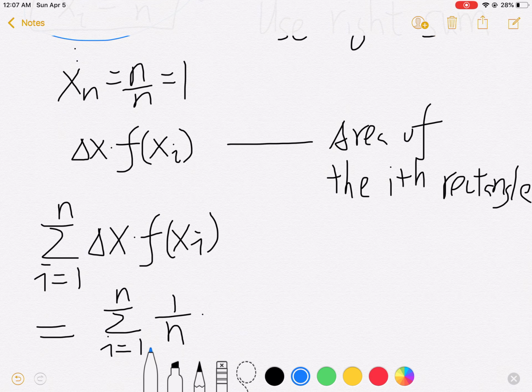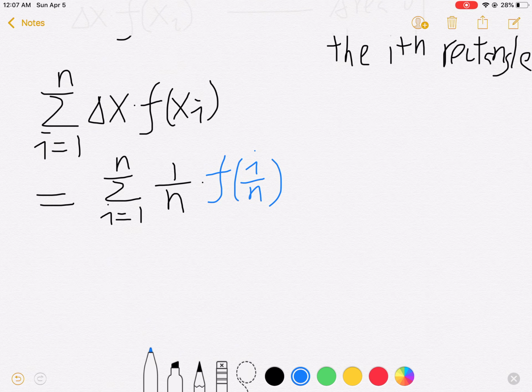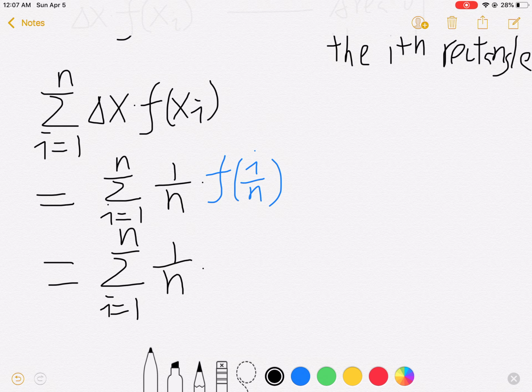So this would be f of i over n. Okay, so we do the calculation. This is the summation i from 1 to n of 1 over n times f of i over n. f of x equals x squared, so this would be i over n squared.